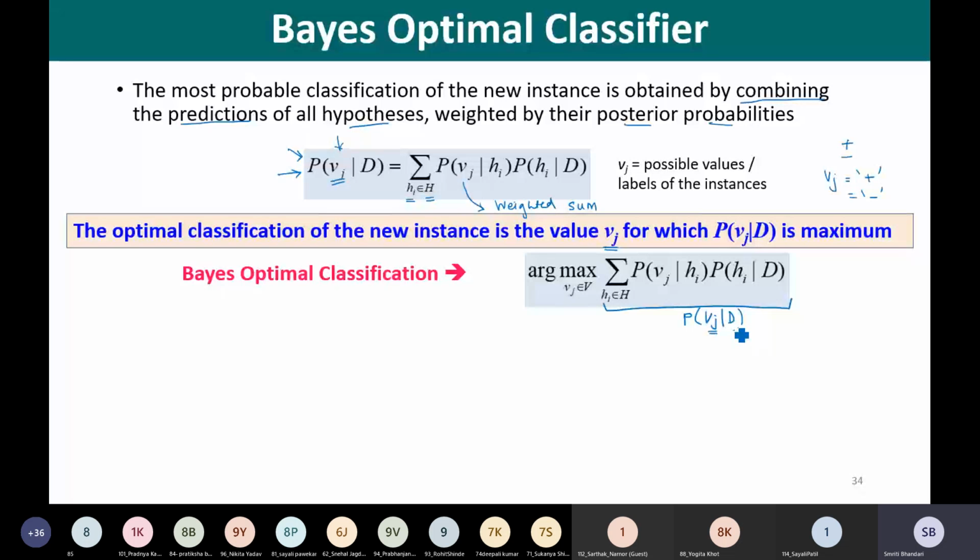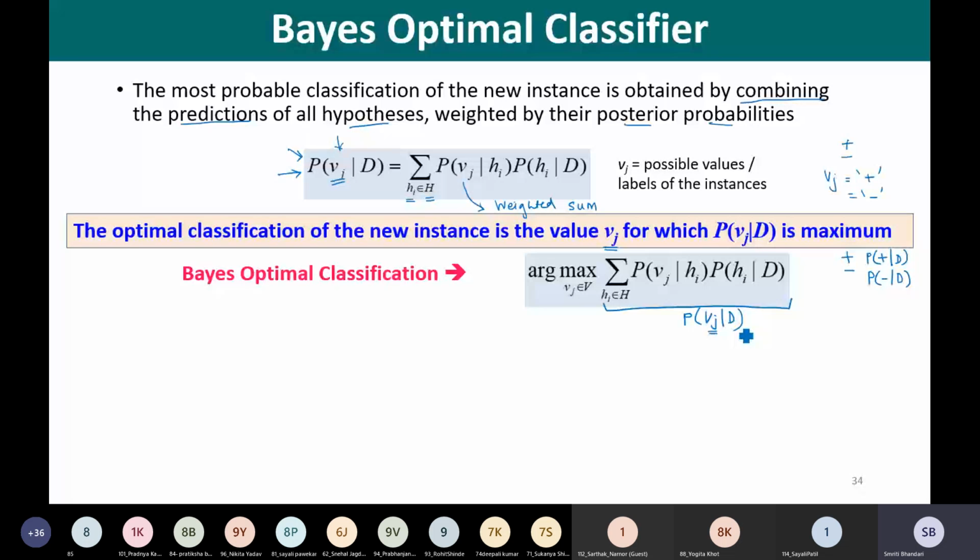If I have two classes, say positive and negative, I compute the probability for class positive given data, and I compute the probability that the class is negative given data. Are you getting me? What does this probability of Vj given D imply? Vj is the class label, right?